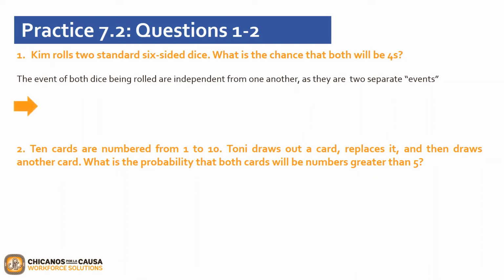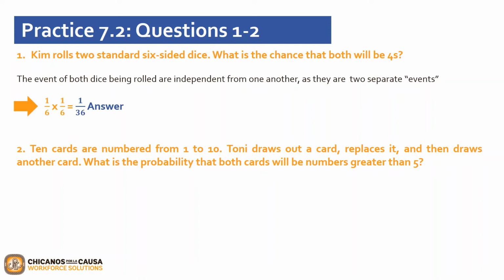Now, we're going to use our same method as we did before, except that we're going to treat each dice as its own separate formula. So we're going to put our possible outcomes in the denominator. For each of those dice, the possible outcome is 6, as it is a 6-sided dice. Our favorable outcomes is going to be 1, because there is only one side of each dice that has 4 dots.